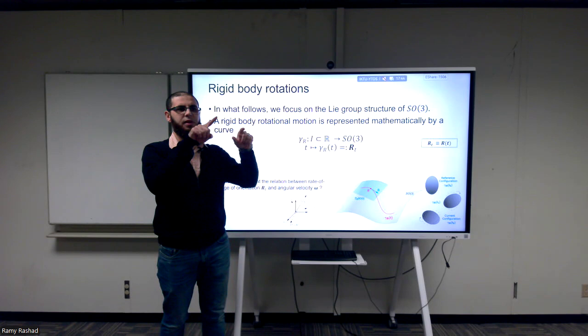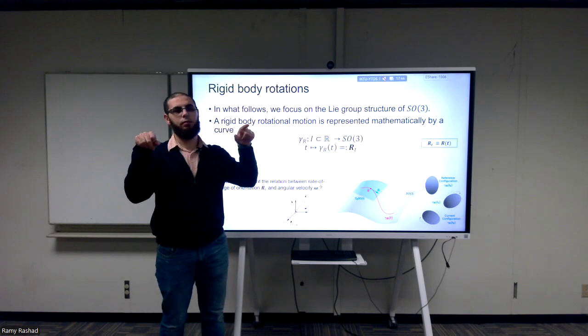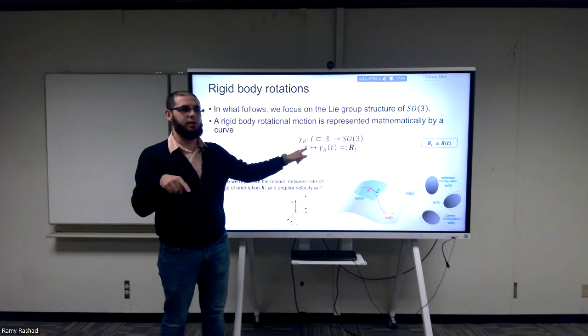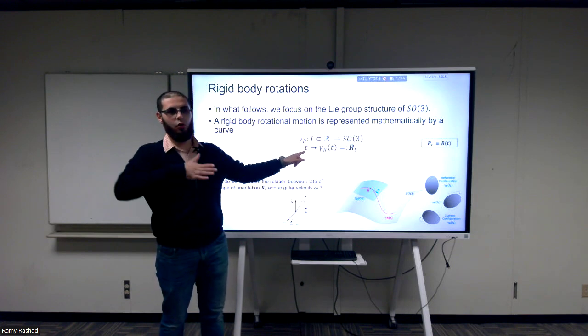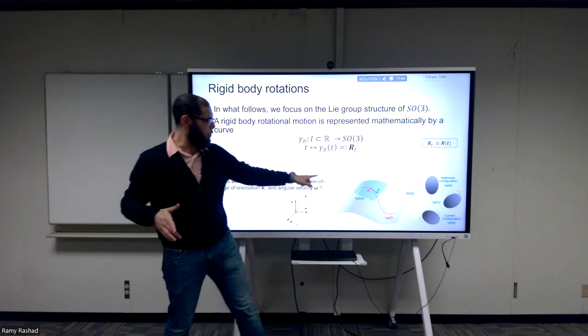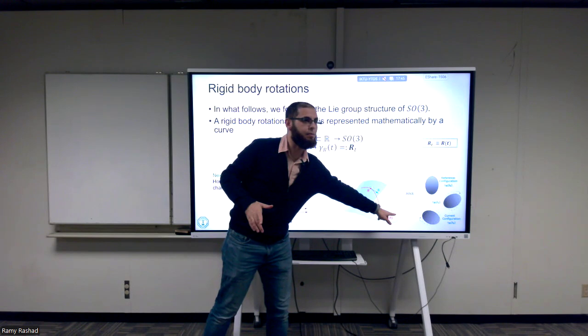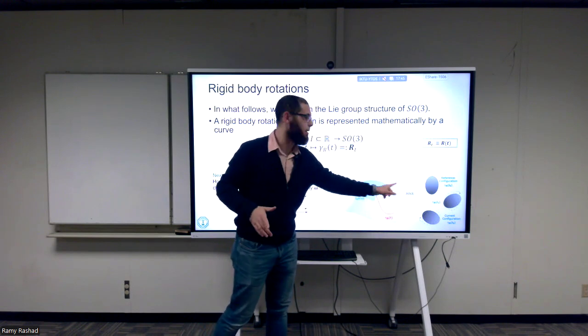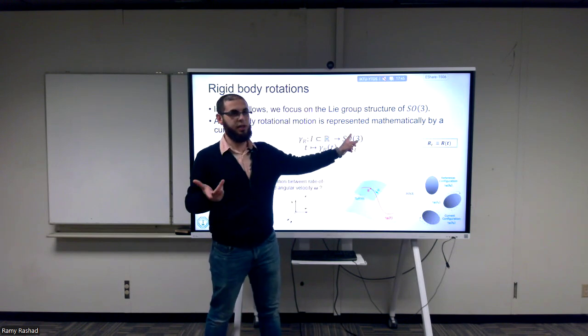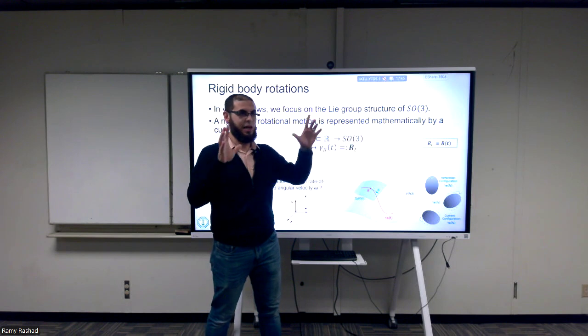This interval can be, for example, a closed interval from 0 to 1. So time can be equal to 0 or up to 1. Time equal to 0, for example, would be this point here, and time equal to 1 can be that point here. But these points here on the manifold, they are R. They are rotation matrices. Okay, so this is how you think about it.